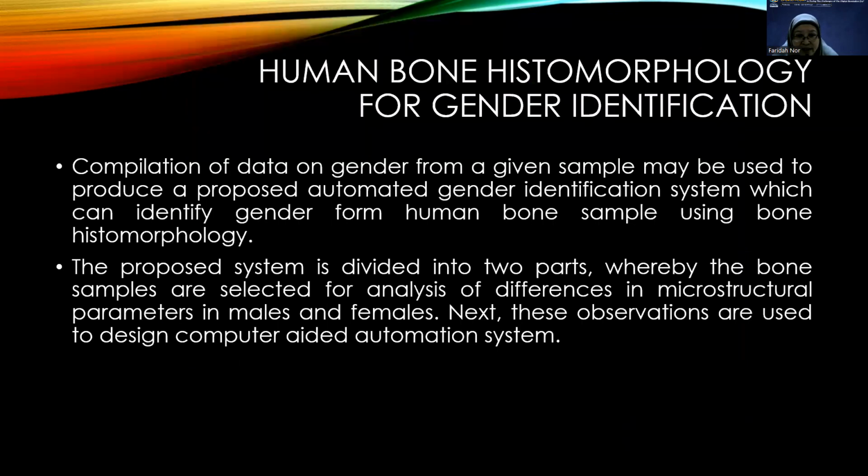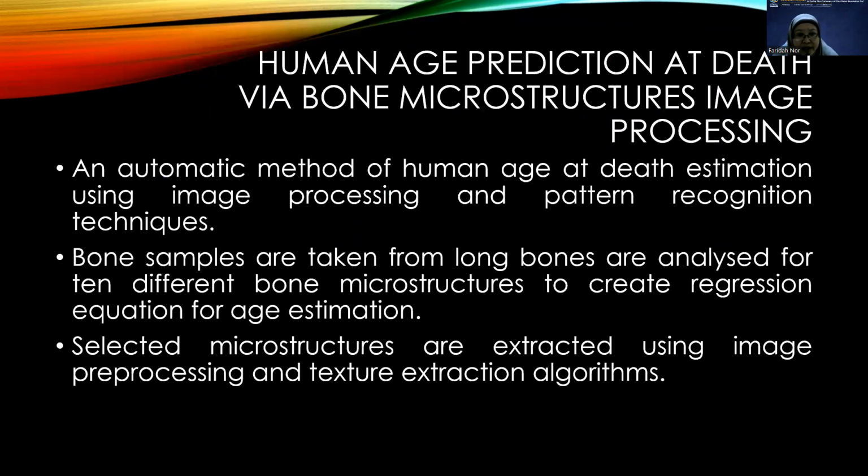The data collected can be generated and analyzed to estimate gender as well as age. And the study introduced an automated approach for estimation of age using image processing and pattern recognition techniques.